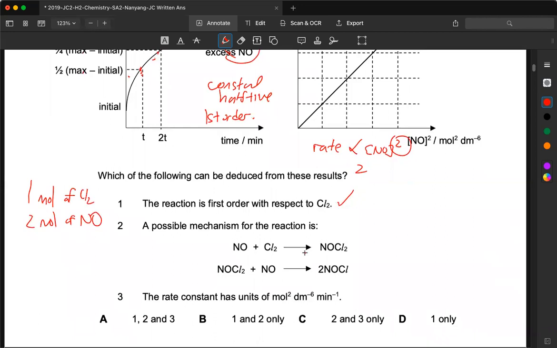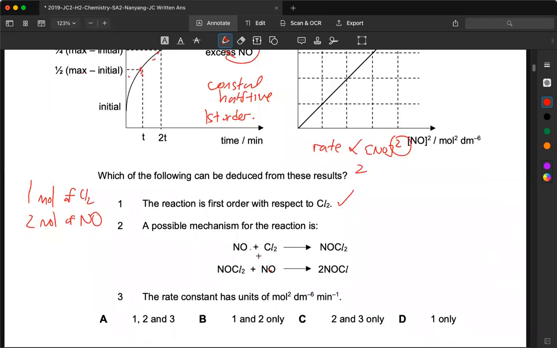So you can see that for statement 2, is it 2 molecules NO?